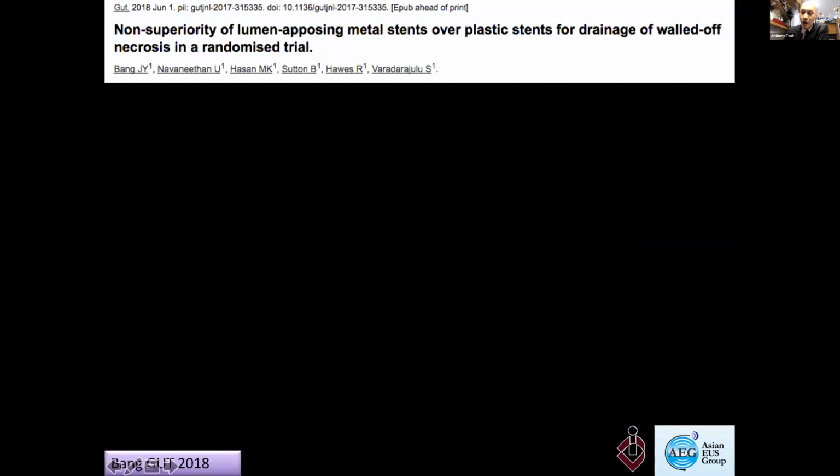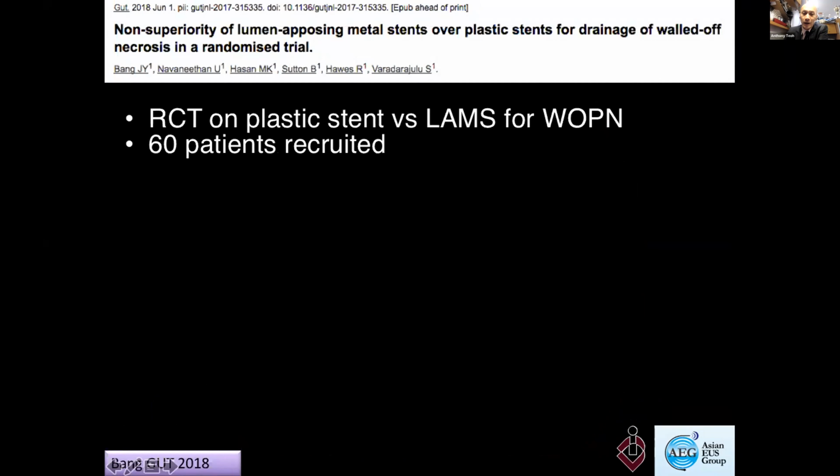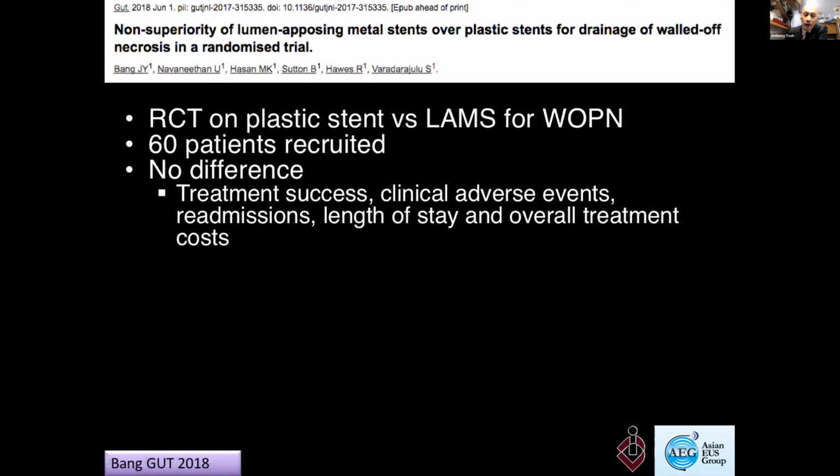However, does the evidence support the use of metal stents? If you look at this trial from Siam, first, I think they were in the learning curve of using luminal opposing stents because they had to change the protocol after recruitment because they had a lot of complications. After changing the protocol, they stopped seeing all these complications.